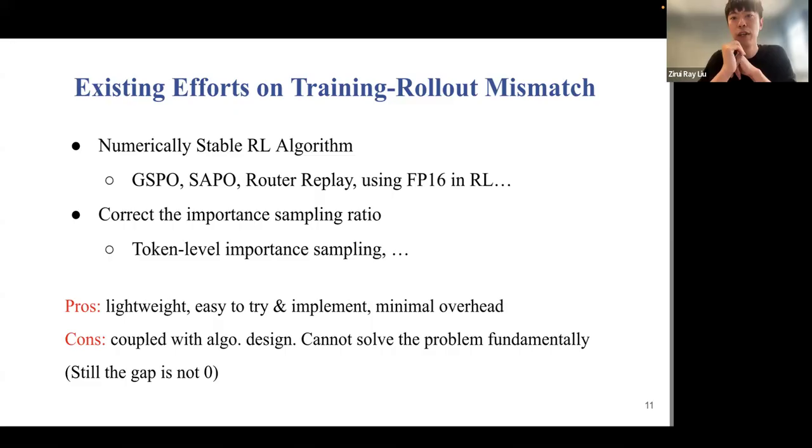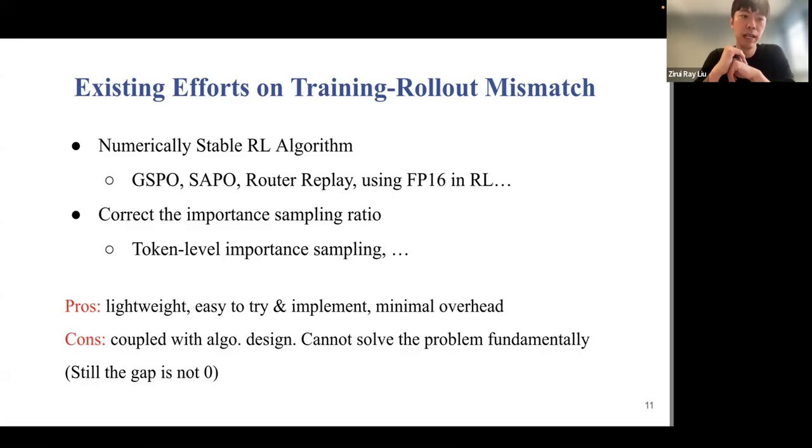Also, you can use FP16 numerical precision in reinforcement learning. The idea is that, like I mentioned, the root cause of this problem is the rounding error, right? The FP16 numerical format has more mantissa bits compared to BF16, so you have less rounding error.